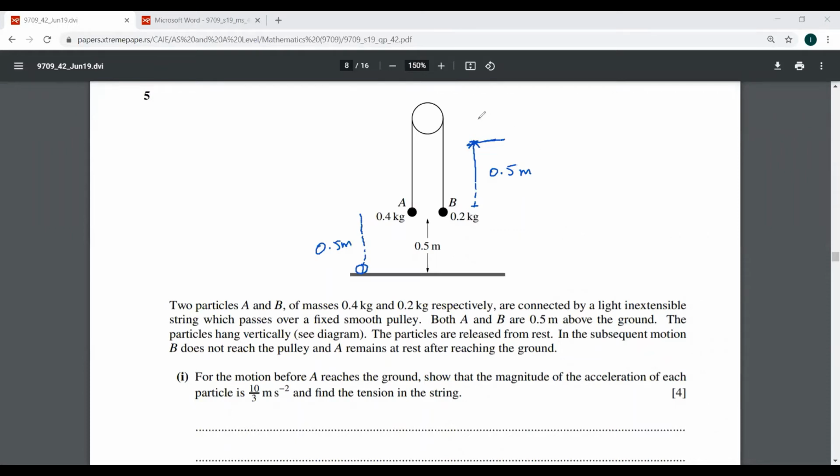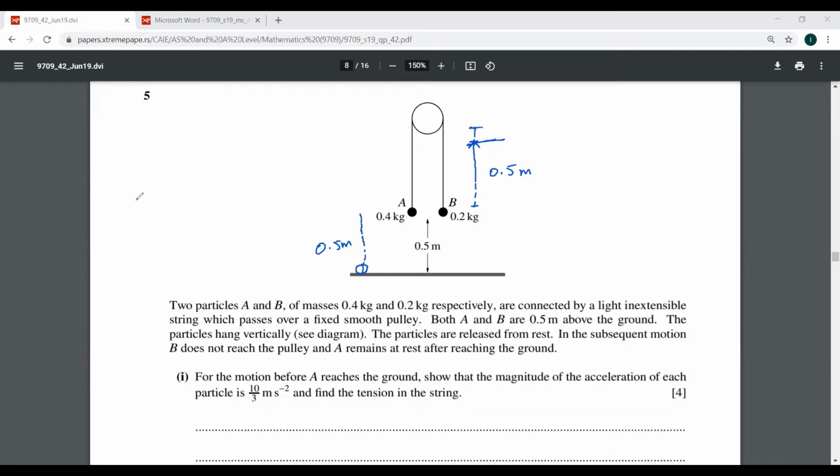Okay, so now let's divide this movement into two parts. We know that as long as the string was taut, the particle has covered 0.5 meters. Now we have to find the distance that it covers while the string was slack and the particle was moving upwards.